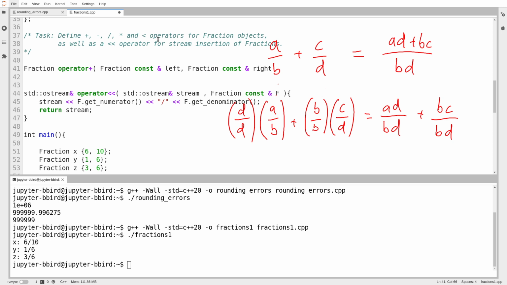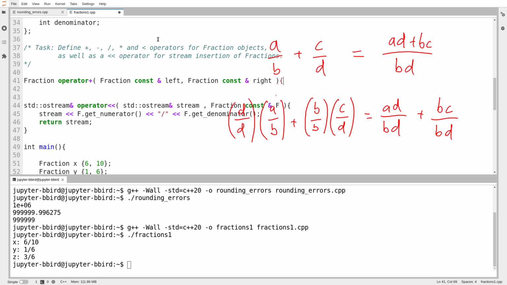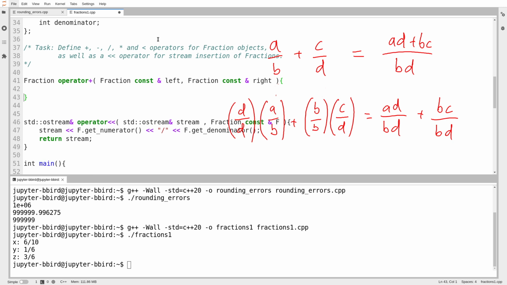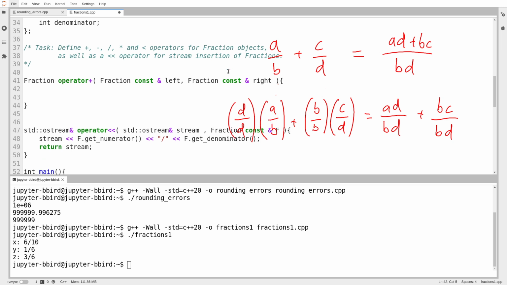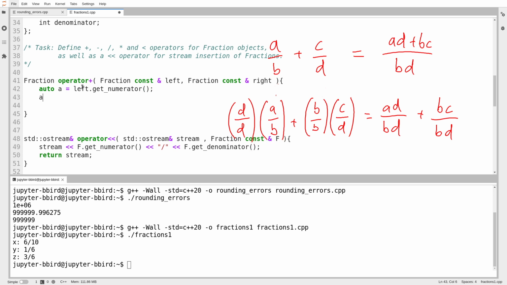I'm sort of at war with the text on screen here. I want to leave it up because it's my derivation of what I'm going to do. So I know how to compute the sum of a over b plus c over d. So what I'm going to do is actually use variables named a, b, c, and d. So I'll say a is the numerator of the left. B is the denominator of the left.